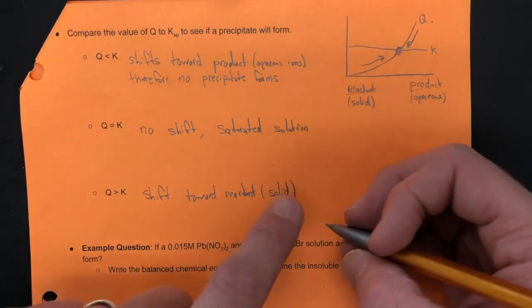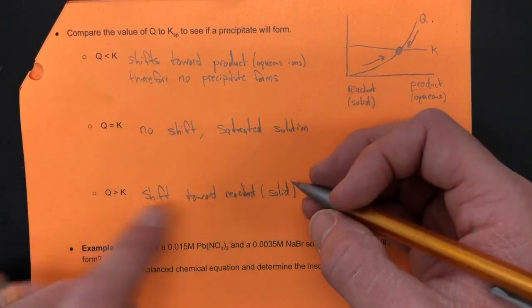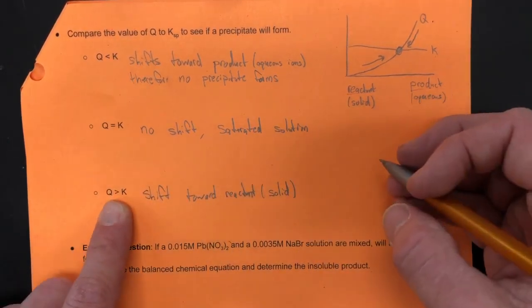Which means that there is a precipitate. If Q is greater than K, there is a precipitate.